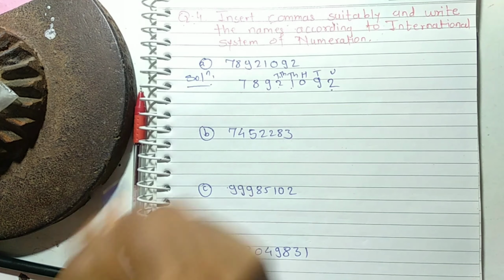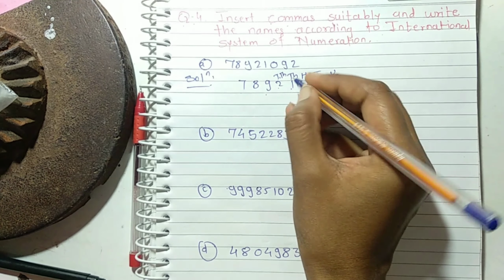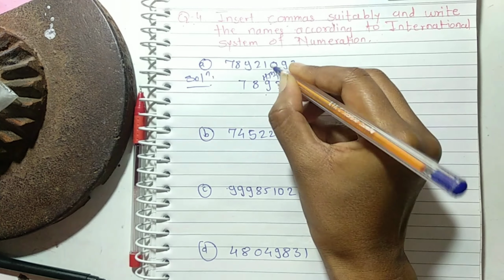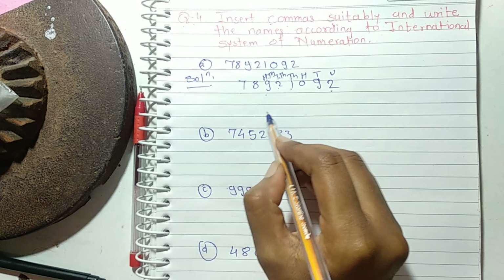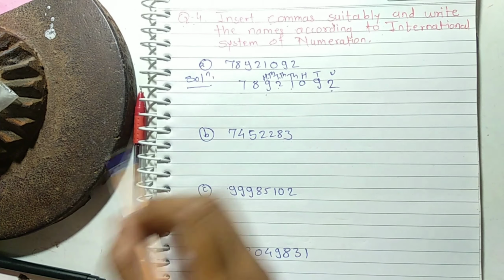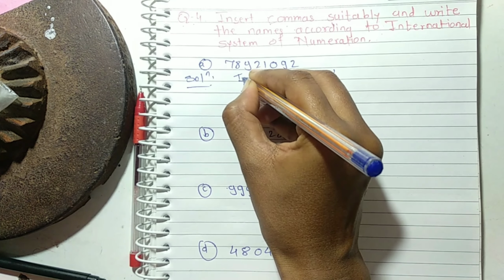Now in the international system, 9 is on hundred thousands. Instead of writing lakh here, we write 100,000 in the international system. Then million, then 10 million.